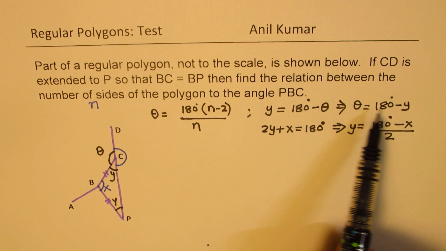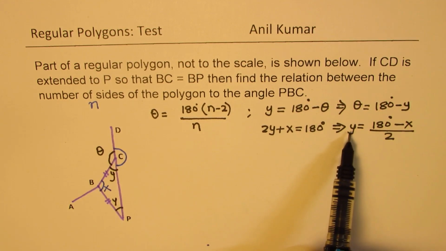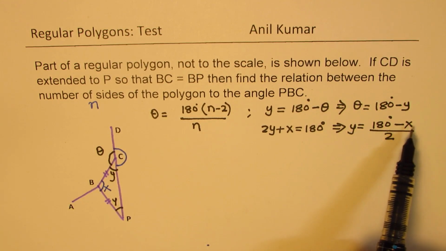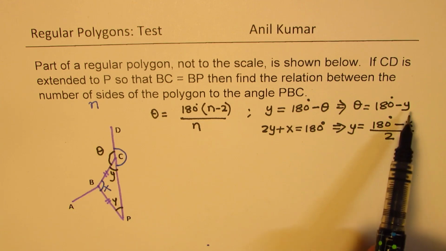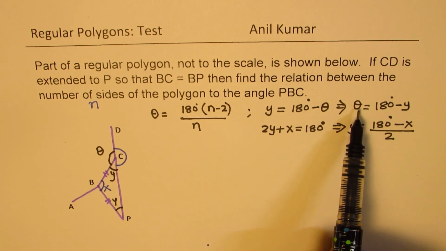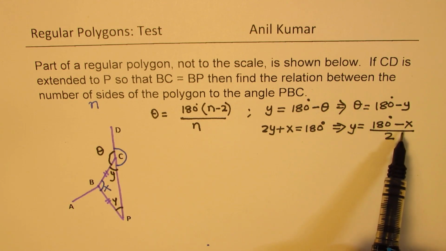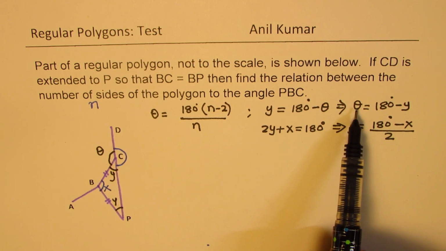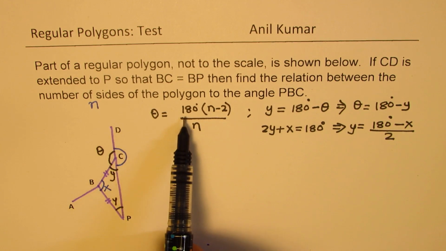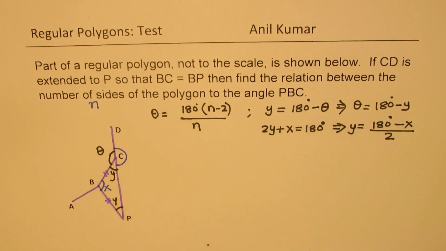So we know theta is 180 degrees minus y, and y is 180 degrees minus x over 2. So we can substitute this value of y here, and we'll get a relation between the angle theta and x. And we know what angle theta is. Theta is in terms of n. So that is how we are going to relate. Is that clear to you, right?